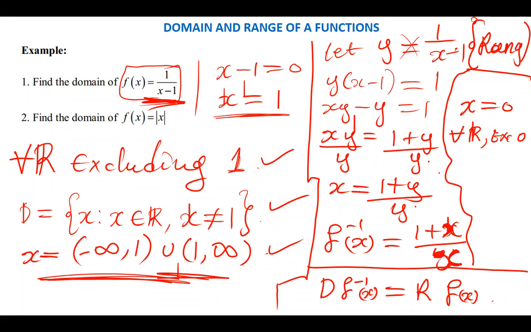Or you can write it in set builder notation, where you say x is such that x is a member of real numbers, but x is not equal to 0. So that is the range of this function. Okay. I hope everything is clear. Let me give you another example on this one.